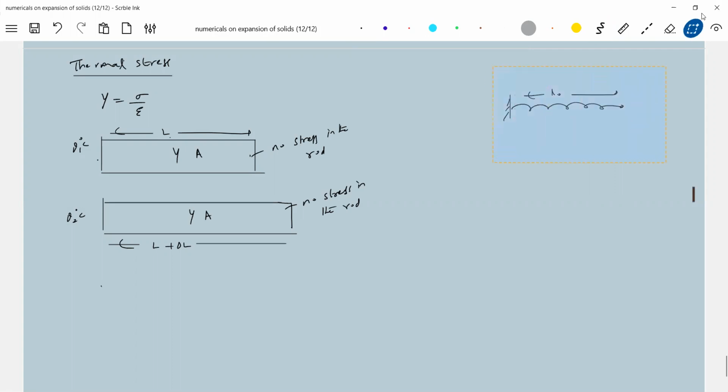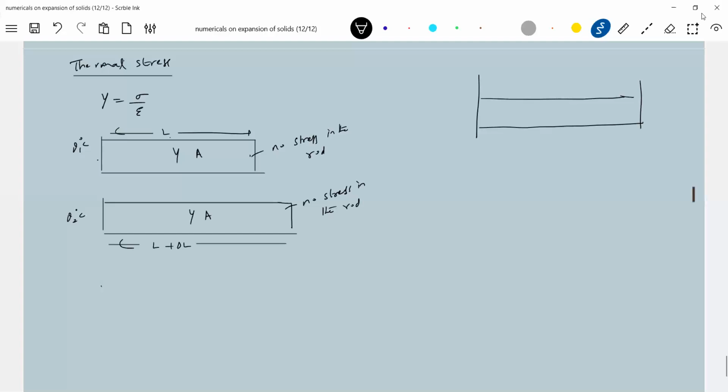Let's take the question like this. So there's a rod. Length of the rod is L, Young's modulus Y, temperature theta 1 degrees Celsius. I will increase the temperature. The rod wants to expand, no? But do I permit it to expand?